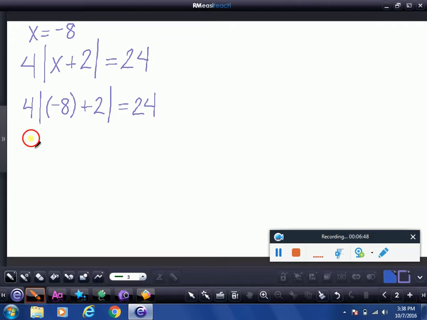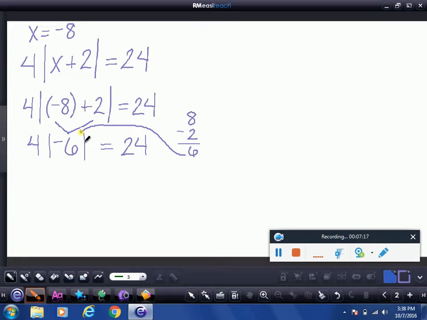You're going to start by solving what is inside the absolute value. Negative 8 plus 2 will be negative 6. I have more negatives there, so that's why I keep that negative sign, and then you subtract the numbers. And 8 minus 2 equals 6. That's how we end up getting this negative 6 here.